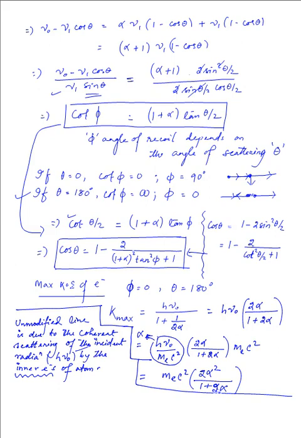As a result, the mass to consider is effectively the mass of the atom. Instead of the mass of the electron only, we have to consider the mass of the atom as a whole, which is obviously quite greater than the mass of the electron.